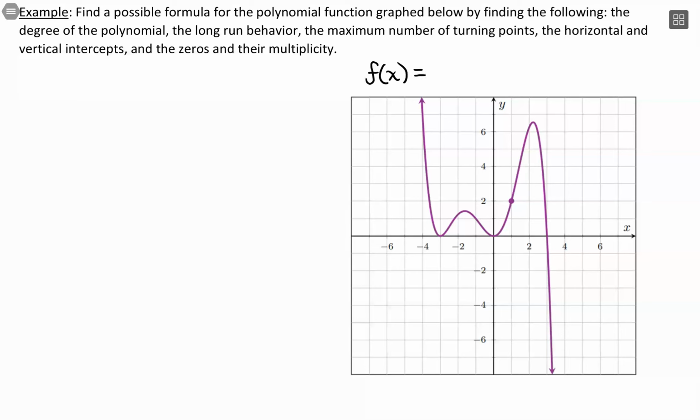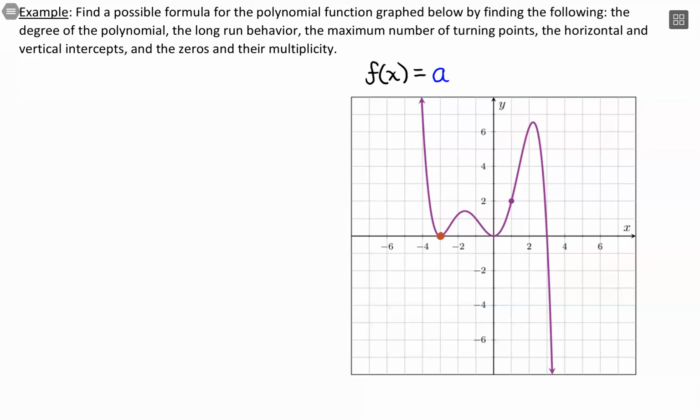Now what I don't know is this possible number out front. There could be this number out front that stretches things out or makes things negative. You want to be careful of that. So I'm going to call that a. I'm just going to leave that as this possible number a, and then from there I'm just going to focus on the zeros of the graph.